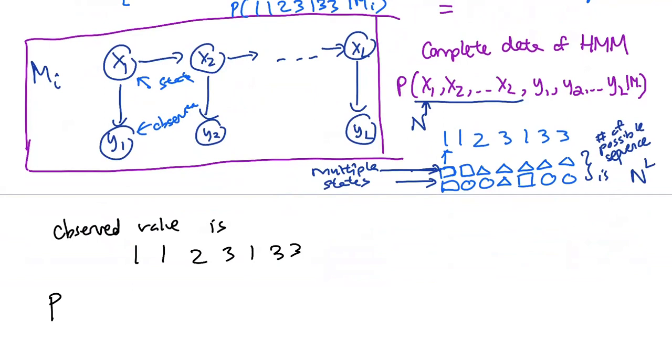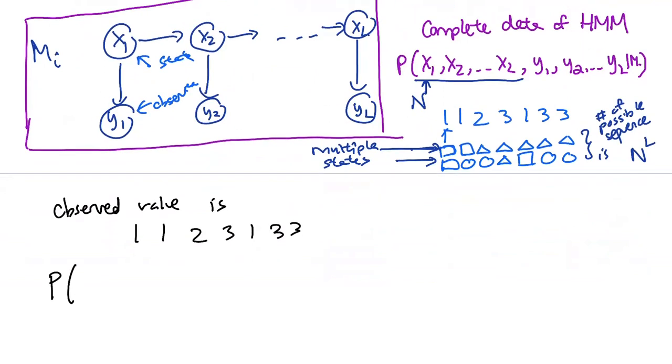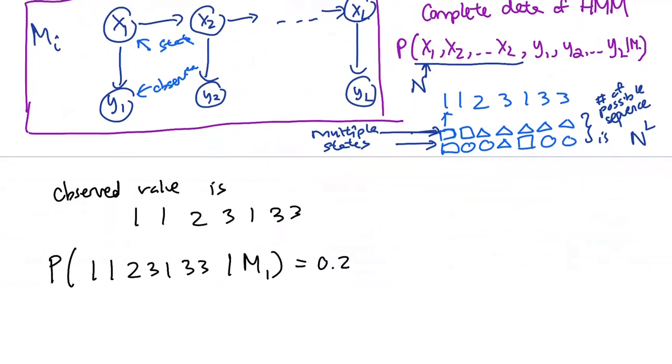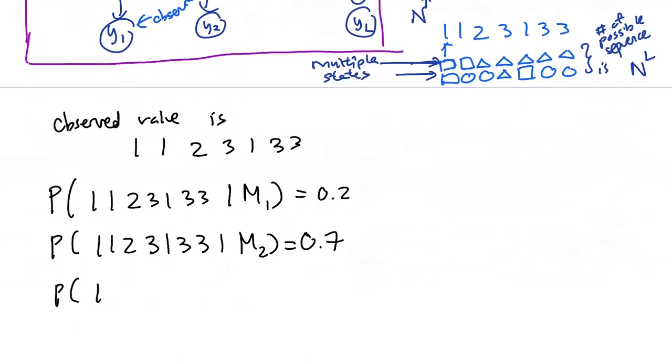And if you know the likelihood, you can tell me, okay, the likelihood of 1, 1, 2, 3, 1, 3, 3 for model 1 is 0.2. The likelihood value for model 2 is 0.7. And the likelihood of observing the sequence for model 3 is 0.5, right?